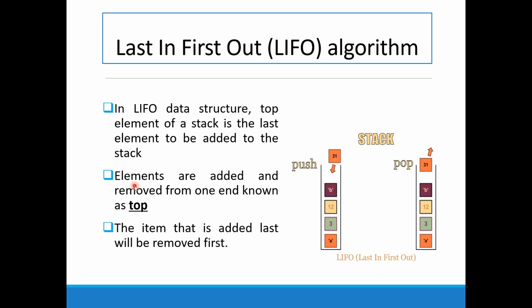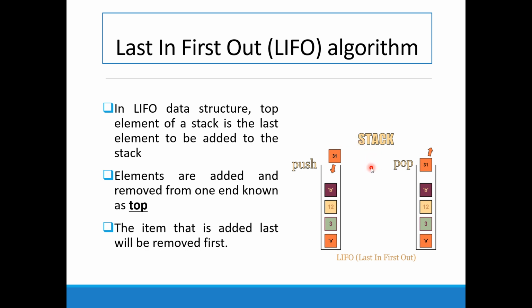Okay, so if you look here, elements are added and removed from one end known as top. Proses add and remove hanya akan melibatkan elemen yang top, yang paling atas. Kita tak akan start from bottom. Okay, bottom ni dia akan tunggu dia punya turn. Sampai bottom tu jadi top, baru kita boleh access dia. Okay, so the item that is added last will be removed first.